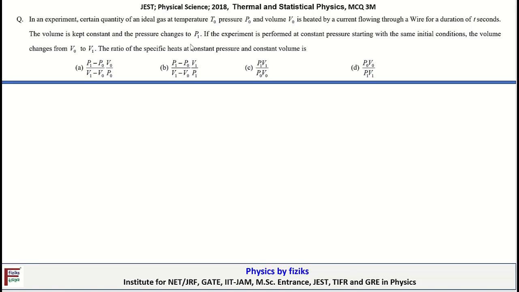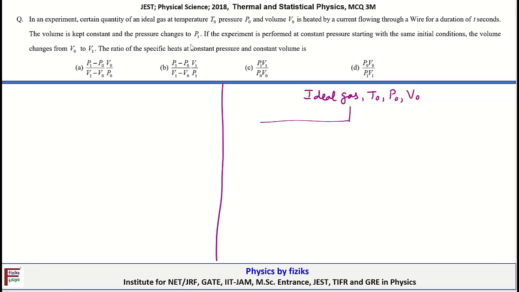So we are given a situation where we have an ideal gas. Let's try to understand the problem first. We have an ideal gas at temperature T0, pressure P0 and volume V0. Now this gas is heated in two different ways.